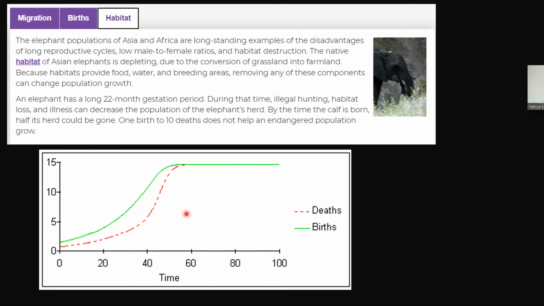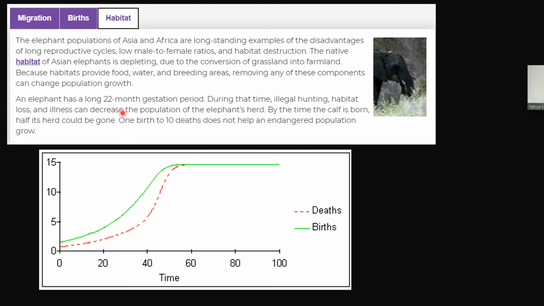What's important when you look at how the population is doing is the rates of deaths and the rates of births. For example, it's saying that 1 birth to 10 deaths does not help an endangered population grow. If 1 calf is being born, but poachers or illness or whatever is taking 10 of them away, that's not good. That's going to make the population go down.